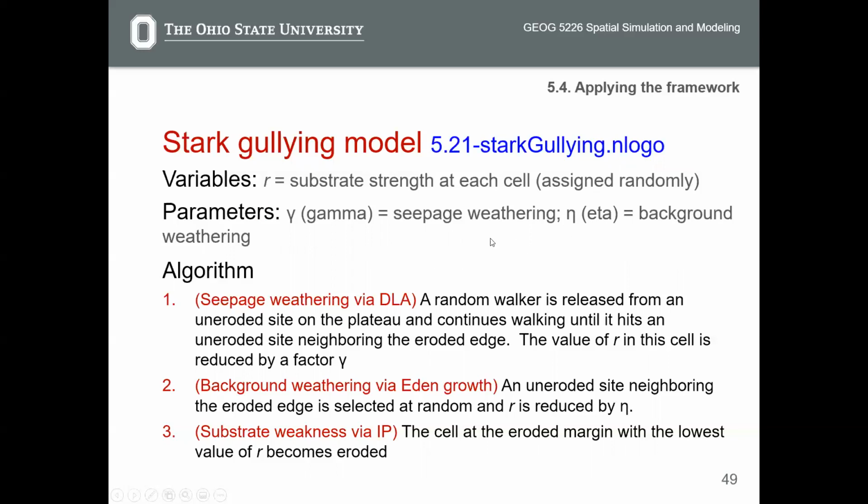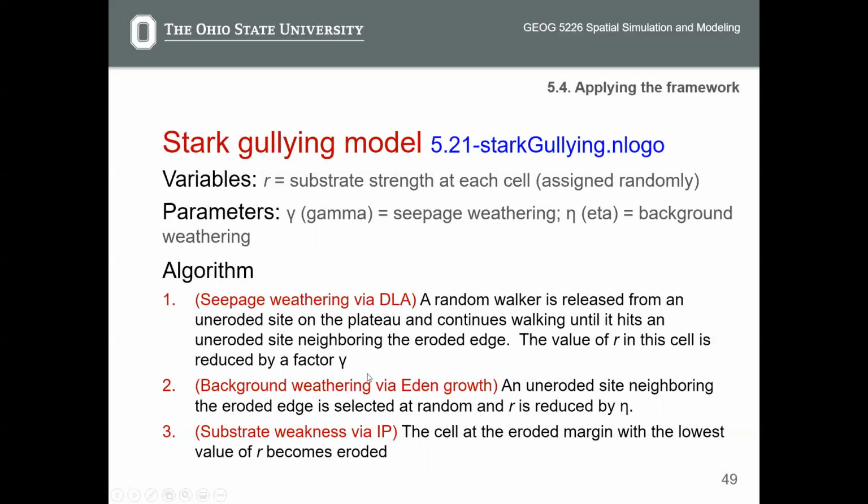So the two types of weathering are addressed by the first and second component, or by DLA and Eden growth. Their influence on the erosion dynamics is addressed by gamma and eta, the strength of them. The stronger the seepage weathering, or the stronger the background weathering, the stronger their effect on reducing the resistance of what?